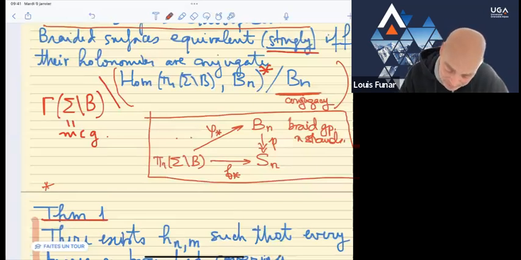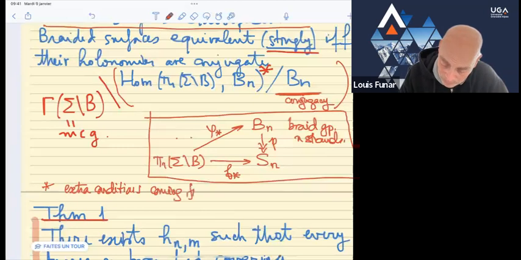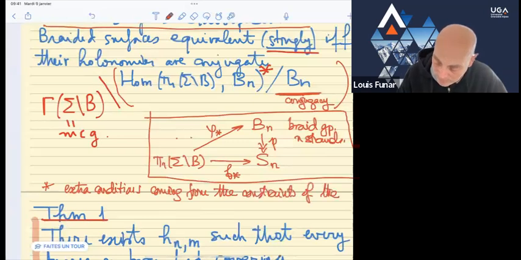This extra condition is coming from the constraints of, let's say, the embedding.